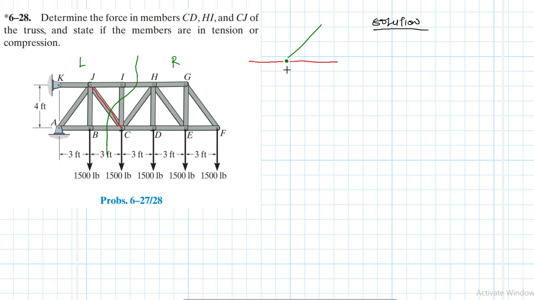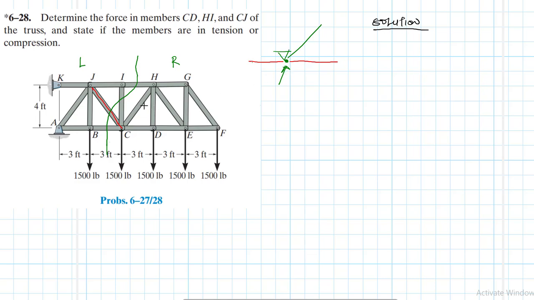You don't expect to have a force here, and you don't want to have a support like so at this particular joint. There shouldn't be either a force or a support.